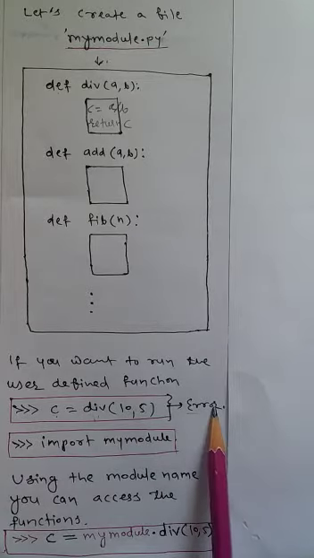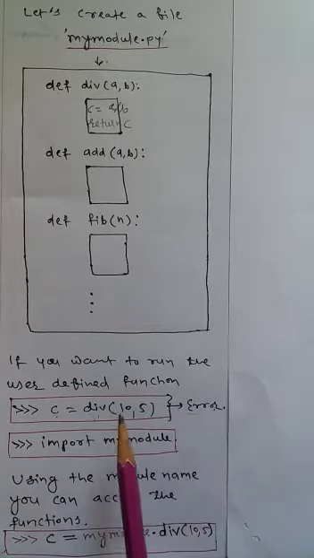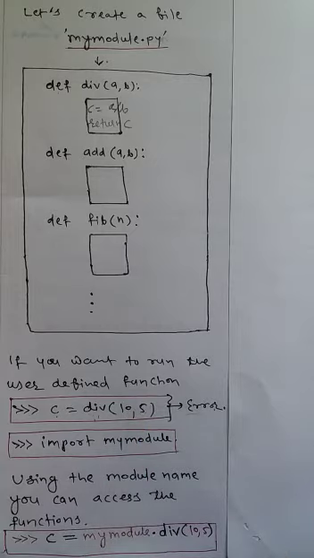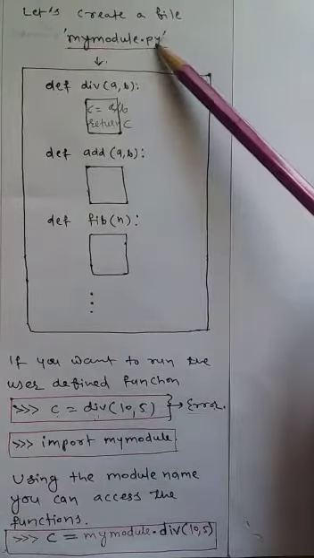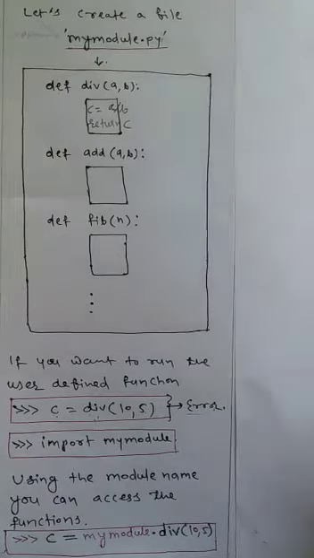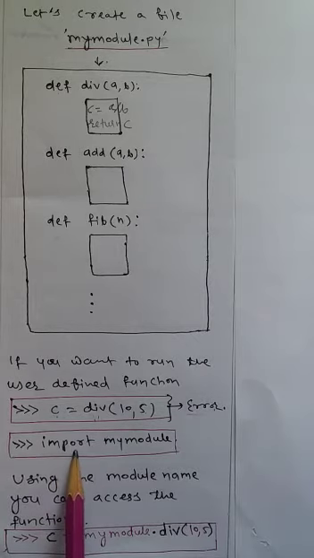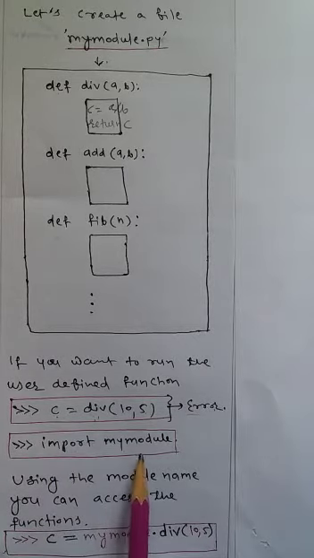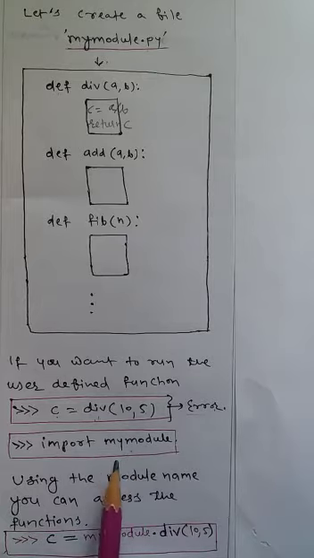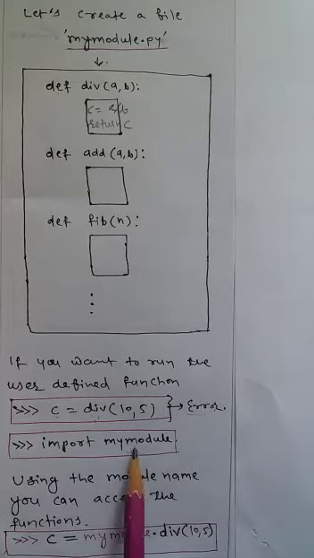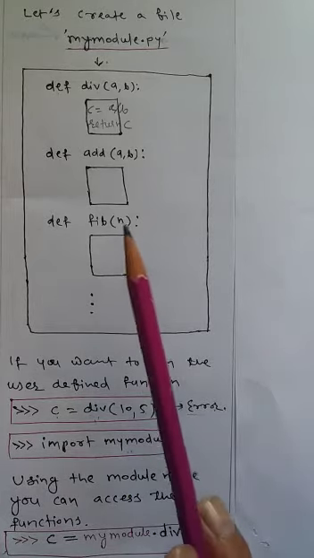The reason is that this function is written in the module whose name is mymodule.py. So before using that function, you have to import the module. You have to write the command import mymodule. This will import your mymodule. Once you import your module, then you can access the functions written in the module.